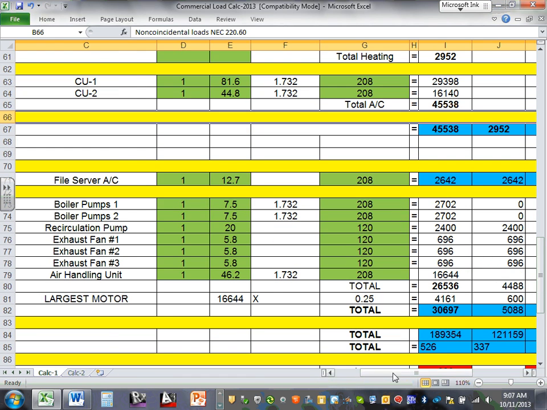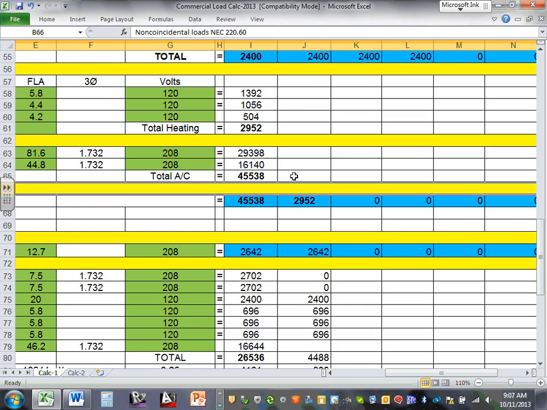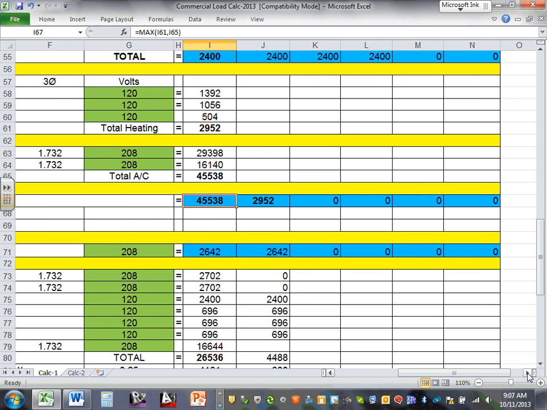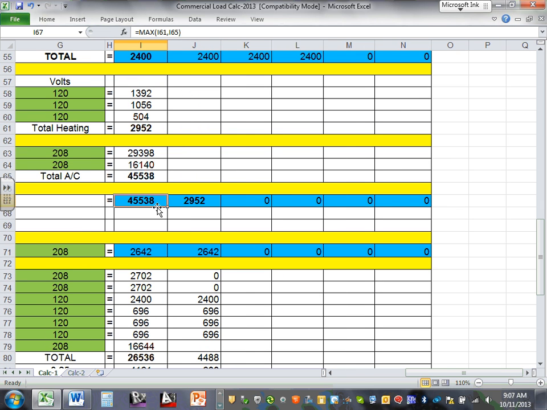Now these heating and cooling units will be seen only by, can you guys see that? The heating is going to be only seen by the main panel. Make sense, Adam? They will not be fed from the receptacle panel or the lighting panel. Are you okay?